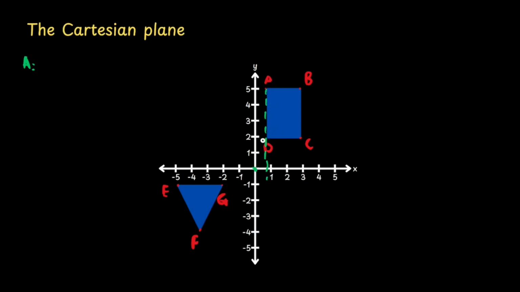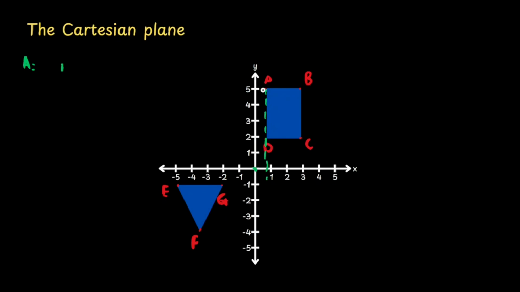So this vertical line that we've drawn is cutting through the value 1 on the x-axis, the x value 1. Which means point A is exactly 1 unit to the right of the origin. And that is the value that we're going to label first. That is our x value. Now, for any point to be defined, it needs two values on the Cartesian plane.